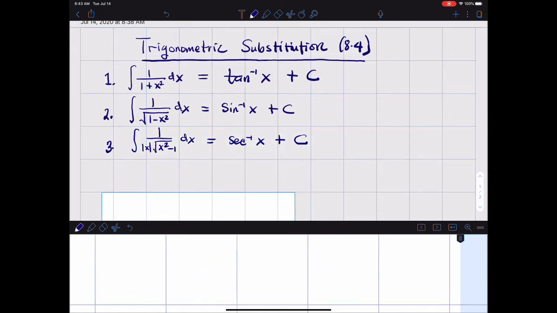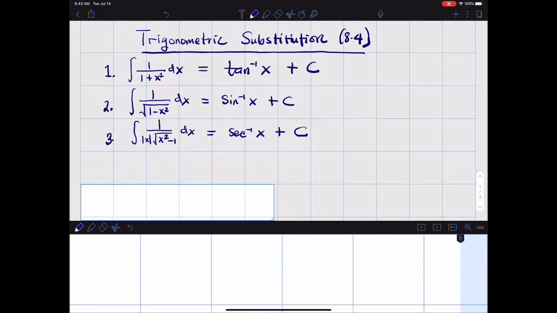Now, there are some integrals that are quite interesting or quite involved to deal with, that we don't have a method for so far.